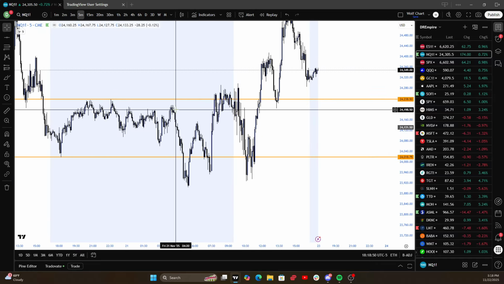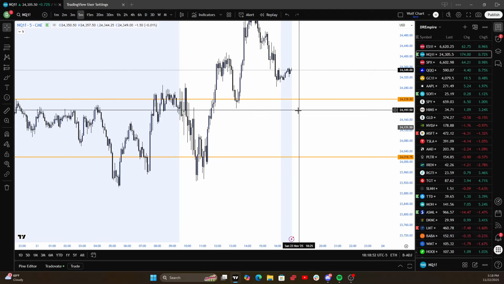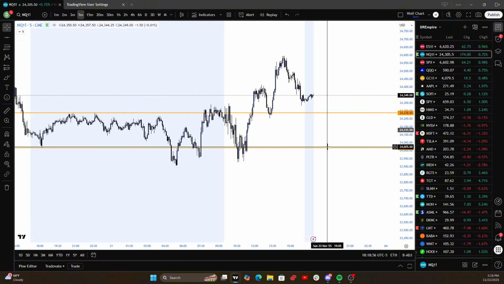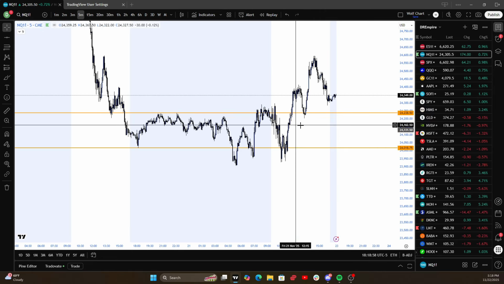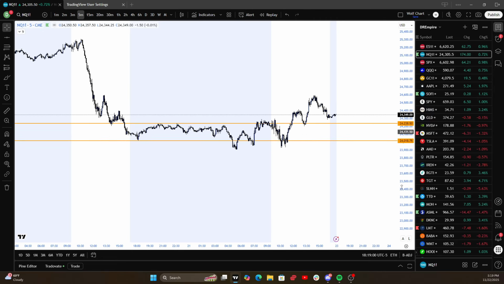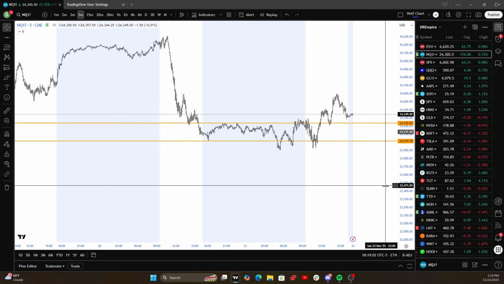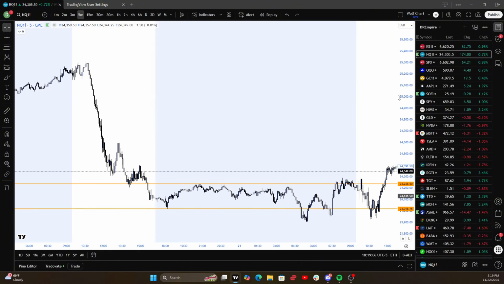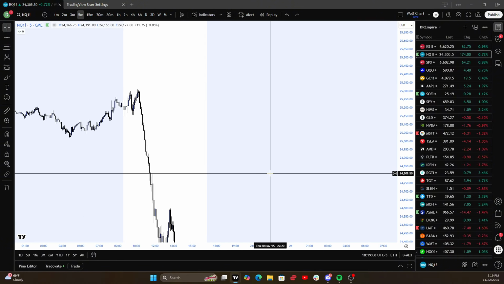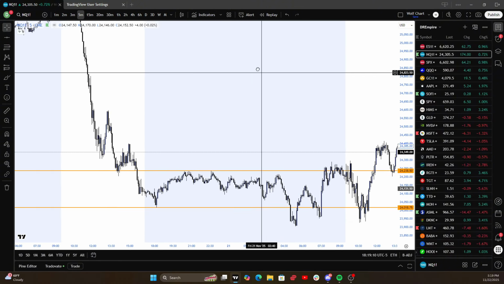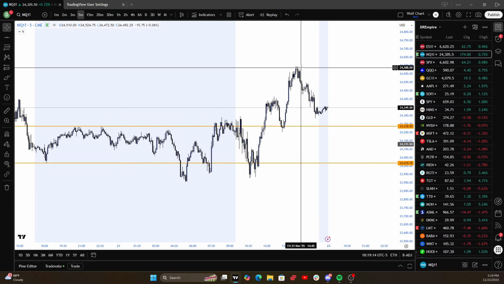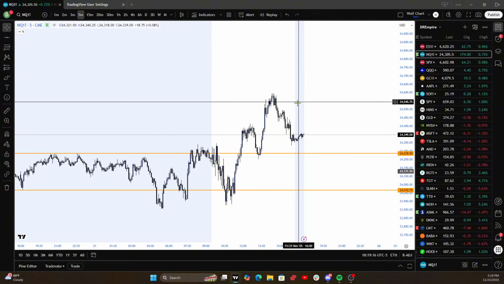This is just the base of everything, the base of your levels. This is where you go in before the market's open and chart out levels that you're looking for, and you have an idea of what you want to see and what you think the market could do. Because none of us know what the market is actually going to do, but the more we can be prepared is when you're going to have your good days. Because if it plays out in your favor, then you'll have a good day.